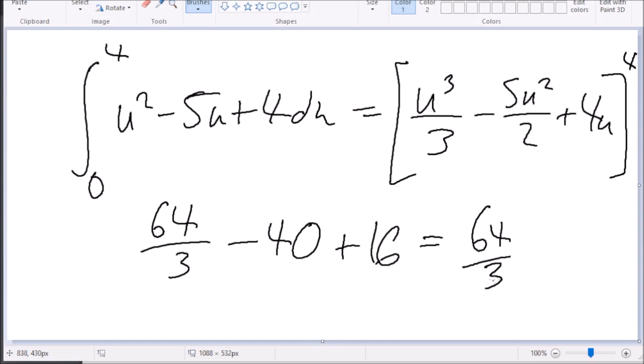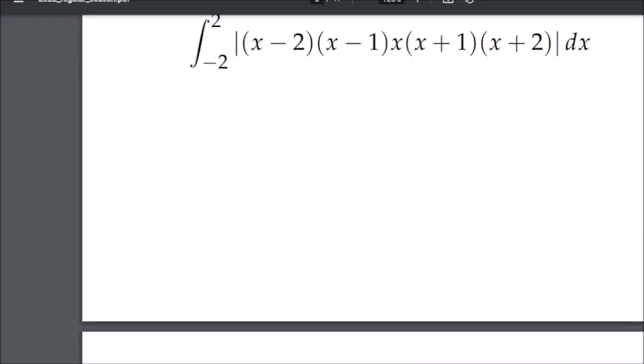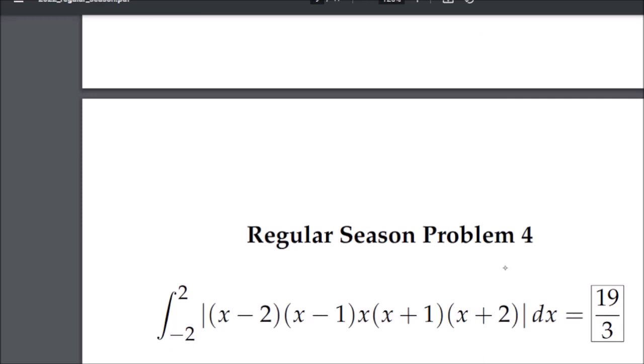So 64 divided by 3 minus 24. That is my answer. 19 over 3.